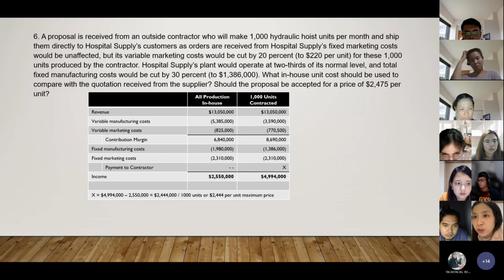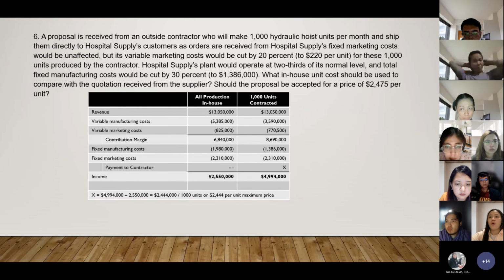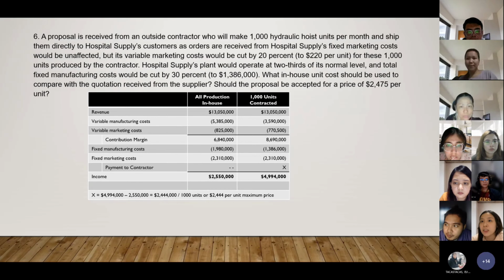The answer is then divided by 1,000 units. So we arrive at 2,444 per unit. That would be the acceptable price from the supplier. So number 7.